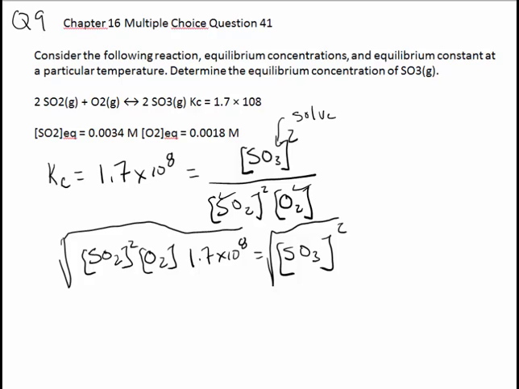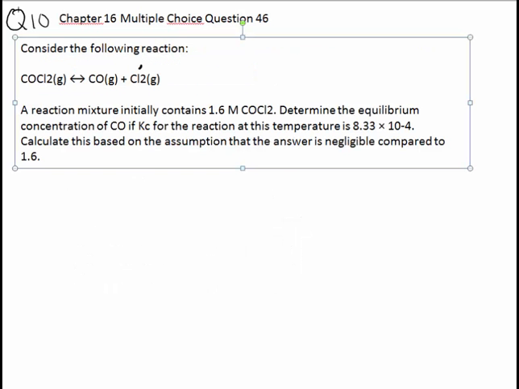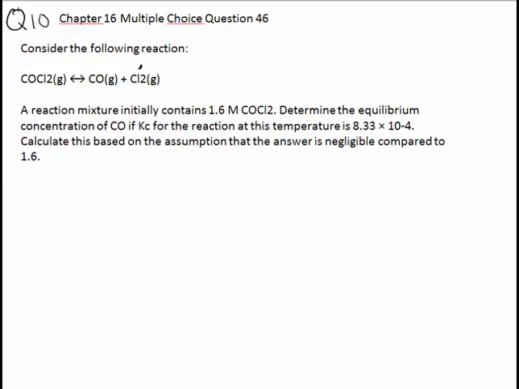So that's question 9. So for question 10, we're given another reaction. I'm going to go ahead and write this one down. And so I'm going to have this as COCl2 is in equilibrium with CO and Cl2.